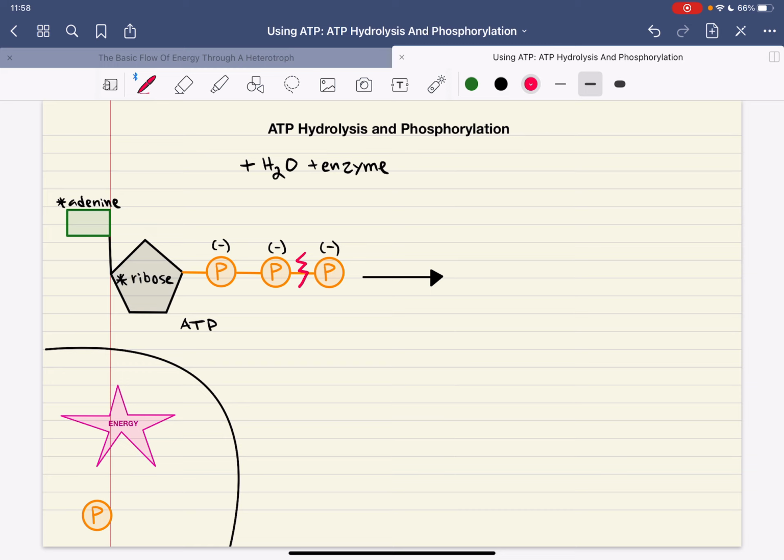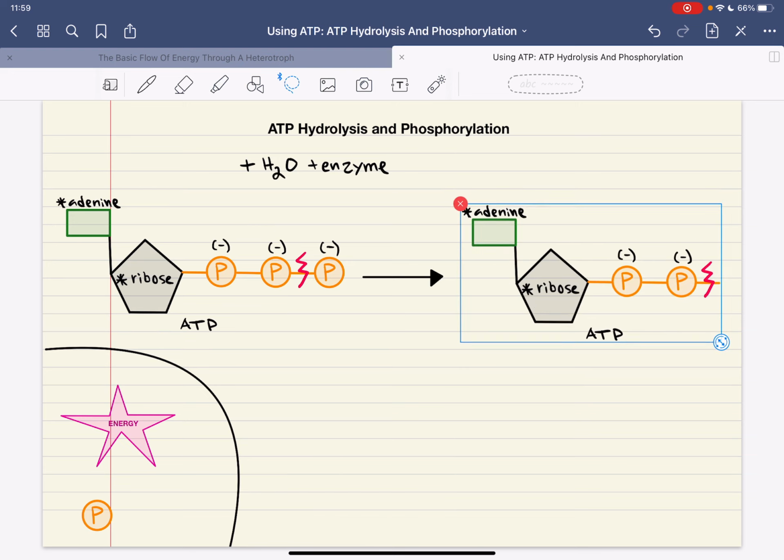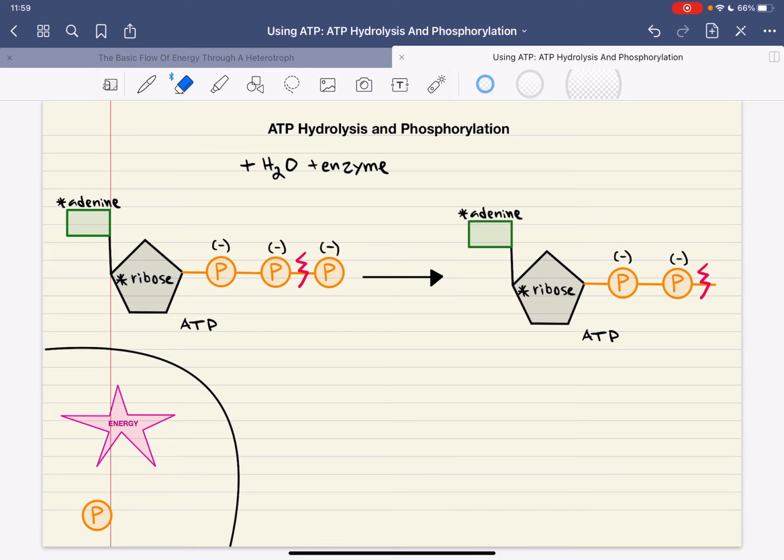And I'm going to show the result of that. The result is basically ATP minus that single phosphate group.